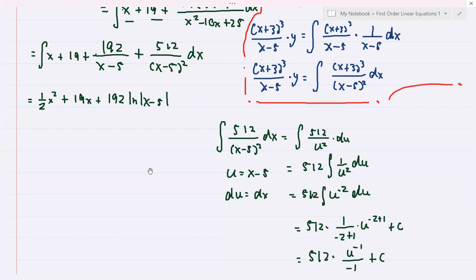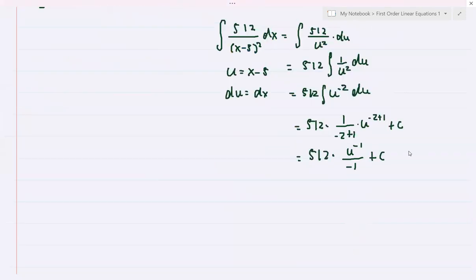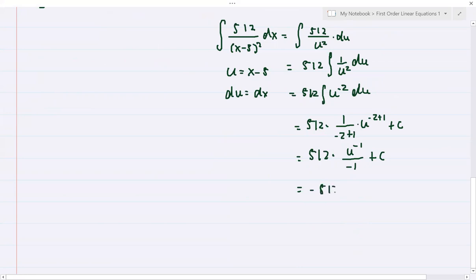You will have negative 512 times u raised to negative 1 plus c, or negative 512 all over u plus c. Because if you have a negative exponent, you can make it into a denominator. u raised to negative x is equal to 1 all over u raised to x.